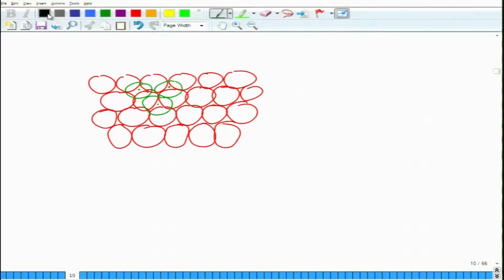Let us say this is layer A, this is layer B, or it could be BC or whatever. Now for the next layer somewhere in the crystal, I can see which voids are empty, not covered. Similarly, these are not covered, these are not covered.